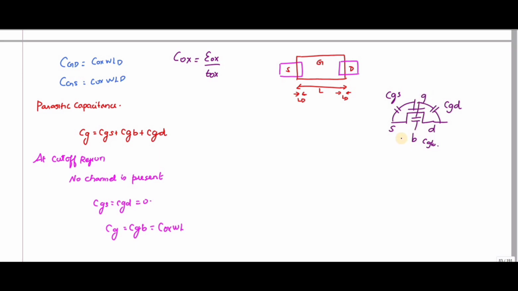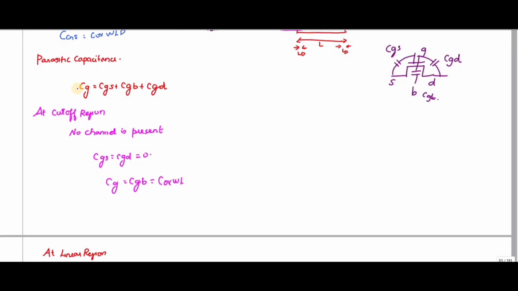Okay, so my overall capacitance CG becomes CG is equal to CGB. What is CGB? CGB is equal to Cox WL. Okay, this is during the cutoff region.